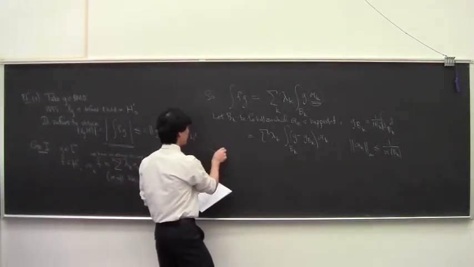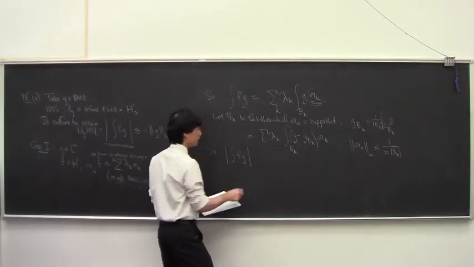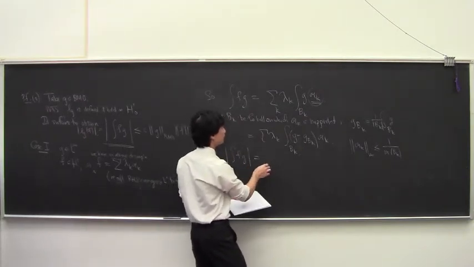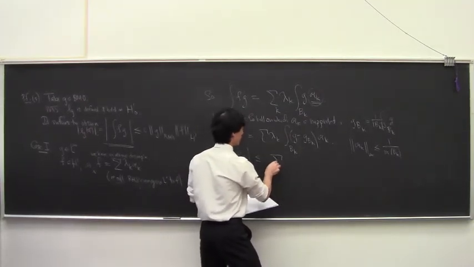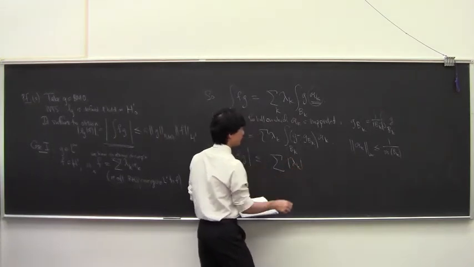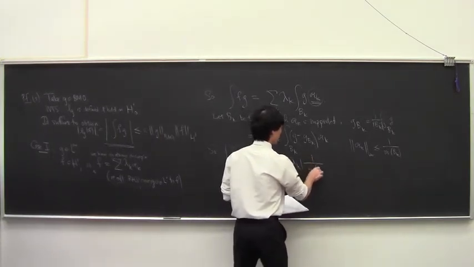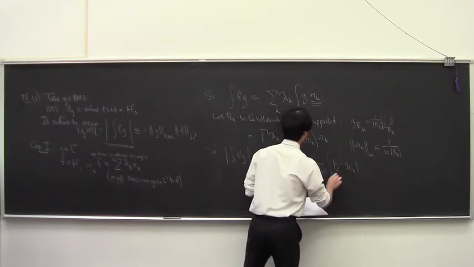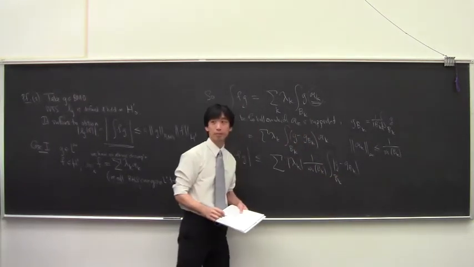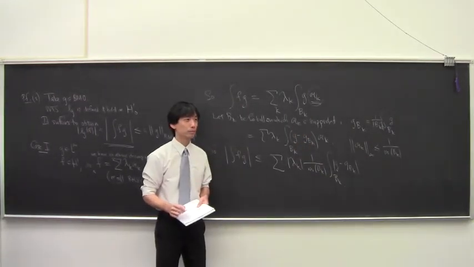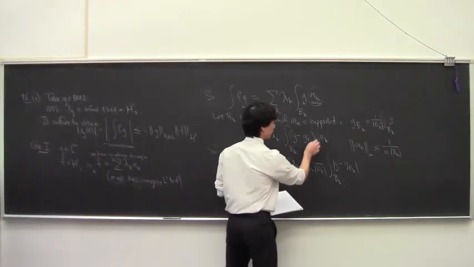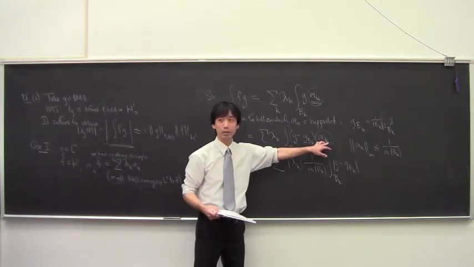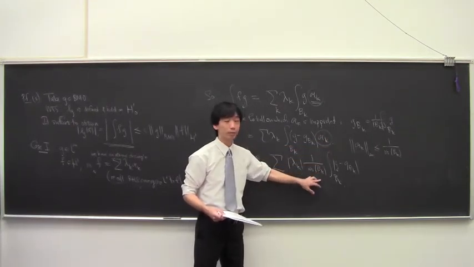So we get that the absolute value of the integral of g is controlled by the sum of the absolute values of the lambdas, 1 over the measure of B sub k, times the integral of g minus g B sub k. Right? Because we can replace A sub k by its own infinity norm, namely 1 over the measure of B sub k.